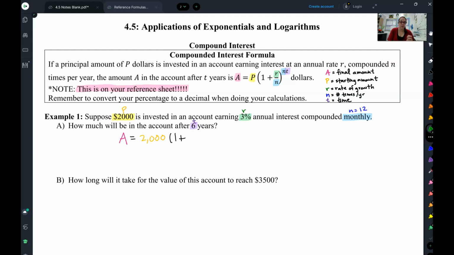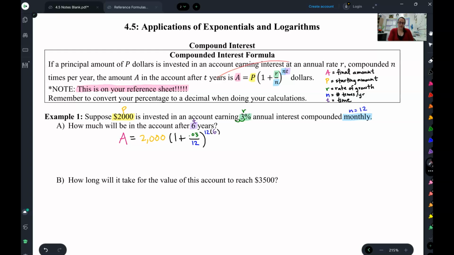So move the decimal place 2 places to the left, and that will give you your decimal. So here's my decimal, move it 2 to the left, and I get 0.03 divided by my N, which is 12, to the 12, because that's my N, times my T, which is 6.